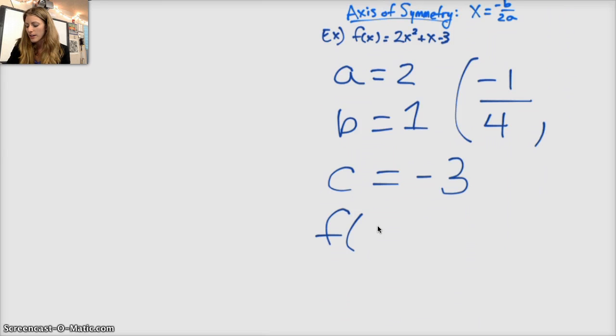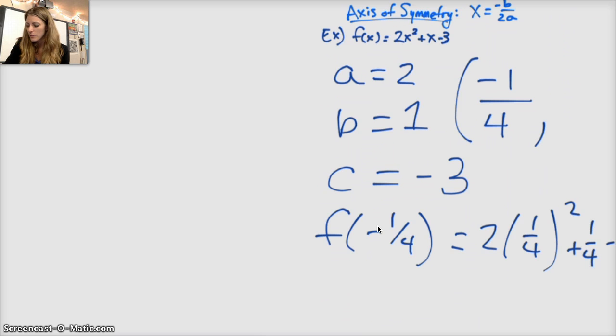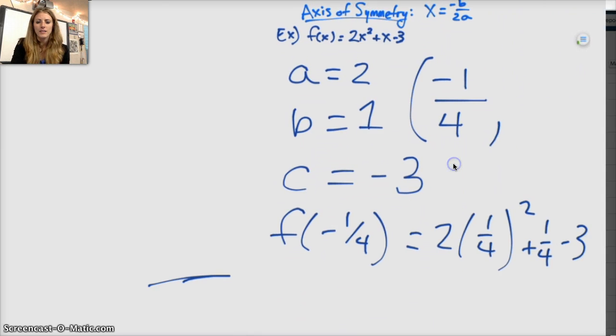So f of negative 1/4, which is 2 times (negative 1/4) squared plus negative 1/4 minus 3. And then you'd simplify that to get the value of y. So I'm going to go ahead and simplify that.